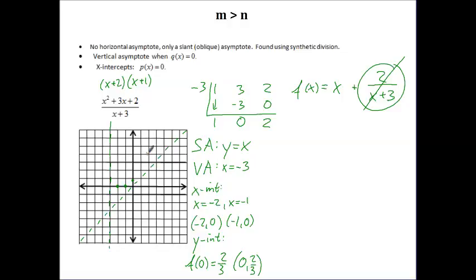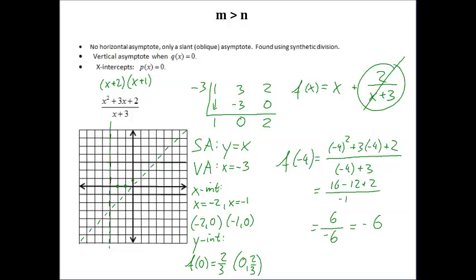So we need at least one more value, one value which is to the left of our vertical asymptote, and I'm going to pick f of negative 4. And as you can see here on the right, f of negative 4 is negative 6. So negative 4 and negative 6 is down here. Okay, that's all we need.